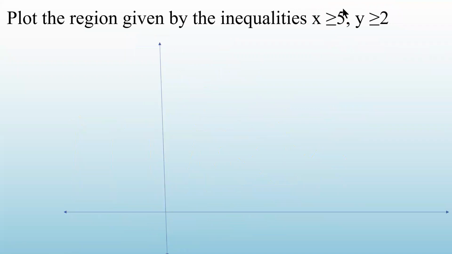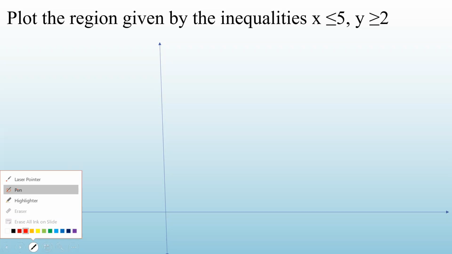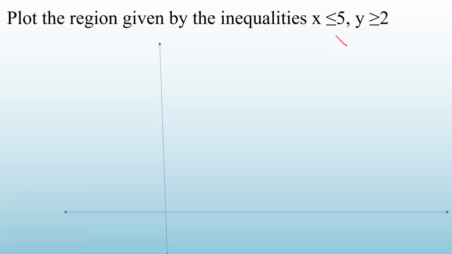So to draw this region, first of all, you will have to draw the line. Okay. So can you tell me what is the line x equal to 5? x equal to 5, ये कौन सी line होती है? It will be parallel to which axis? Y axis. Y axis. Very good.